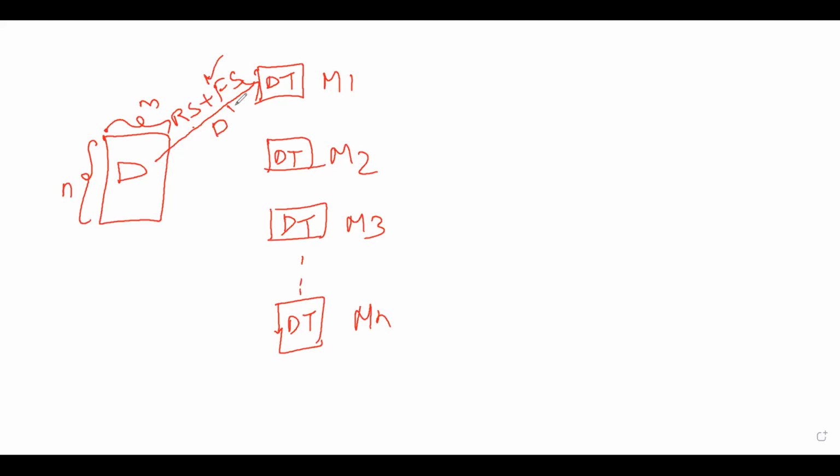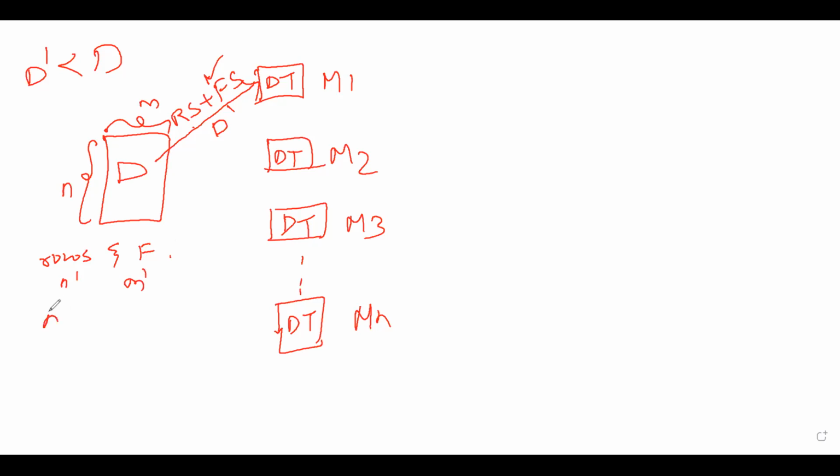This is the bagging technique. We know that D dash is always less than D. The sample data set is always smaller than the main data set. Suppose D dash has rows and features, where I consider rows as n dash and features as m dash.